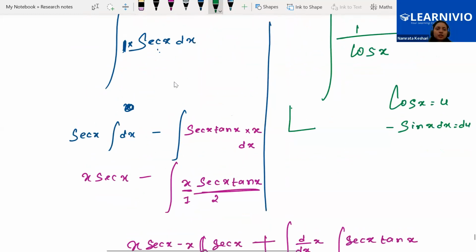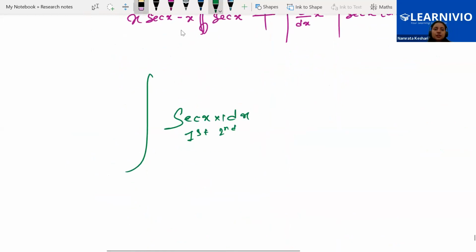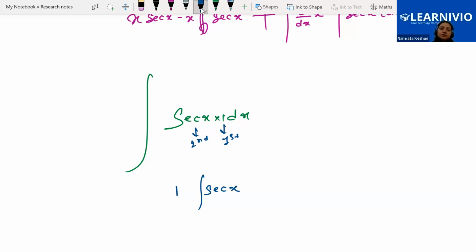We have taken sec only as the first, no? This time we can take this one as the first function and this one as the second. First function, which we don't know. No, it is not working.